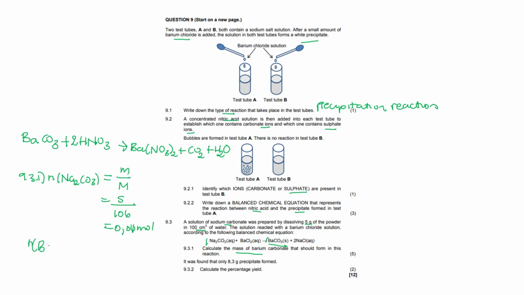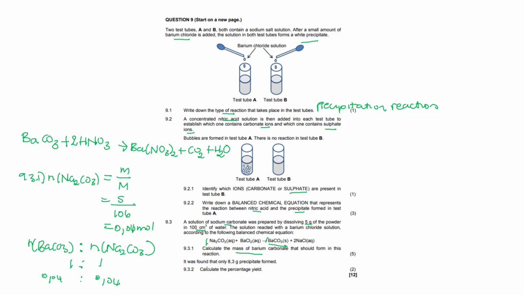Number of moles of barium carbonate to the number of moles of sodium carbonate. It's what we want to what we have, all right? So they are 1 to 1. You can clearly see that's 1 to 1. So therefore, if the number of moles of sodium carbonate is 0.04, the number of moles of barium carbonate is also going to be 0.04.